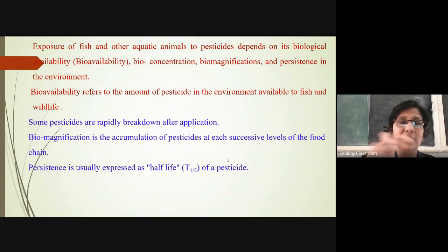When pesticides enter the environment, both aquatic and outside, each has a different degrading time. If they remain as they are in the environment for a long time, they are more available to aquatic animals.